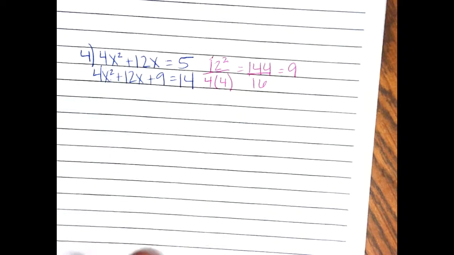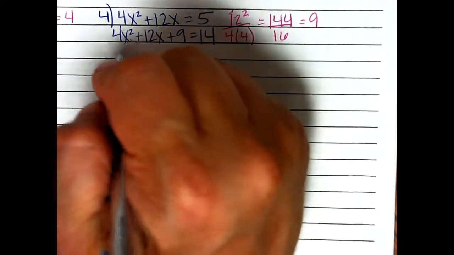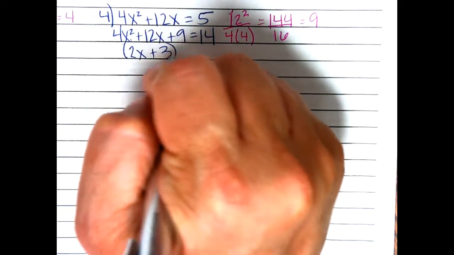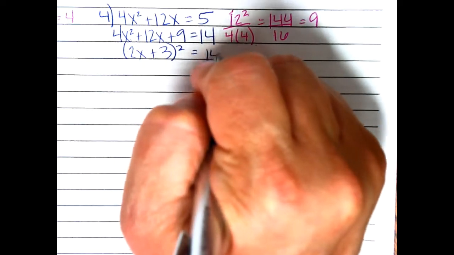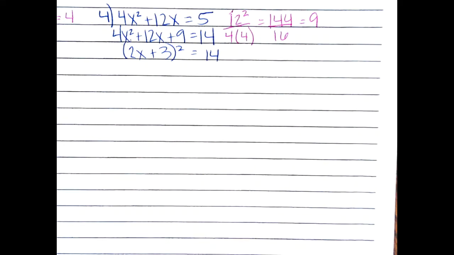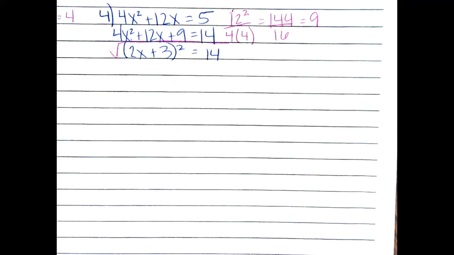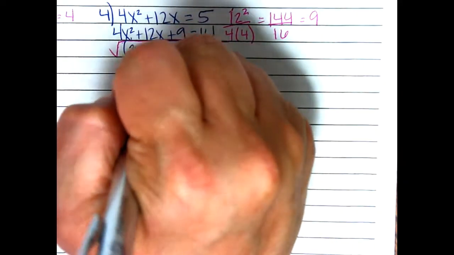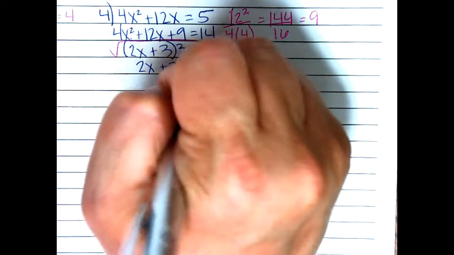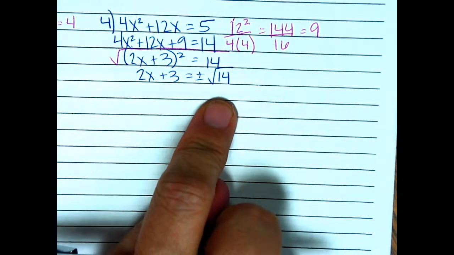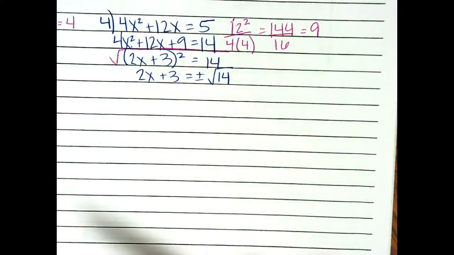The left side is the perfect square trinomial, so this would be (2x plus 3) squared equals 14. You need to take the square root of both sides again. So I have 2x plus 3 equals positive or negative radical 14. You might be tempted to try to simplify that, but it's 2 times 7, so we can't simplify it.